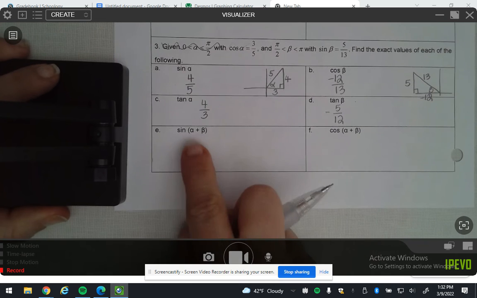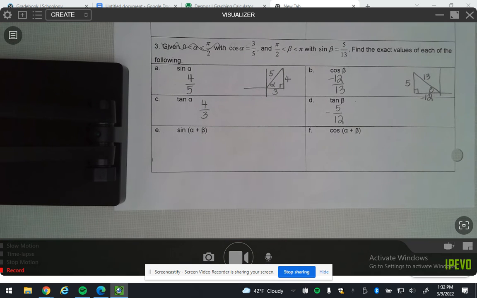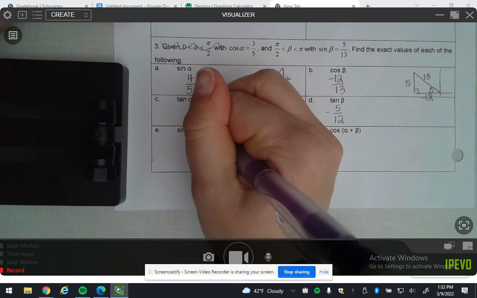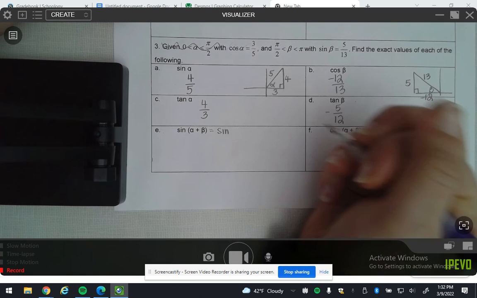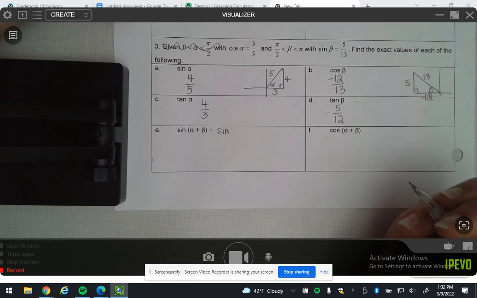I want to find the sine of alpha plus beta. Here's what I would suggest you do. Go straight to your identity page. What does it say when it says sine of alpha plus beta? Read it off your card, guys.